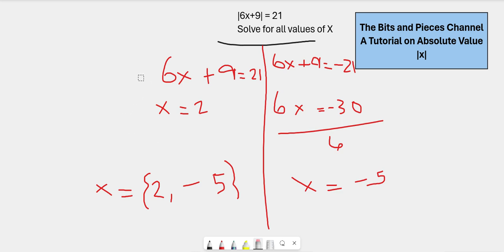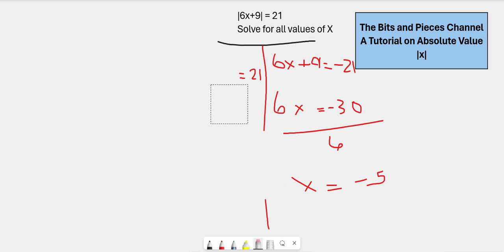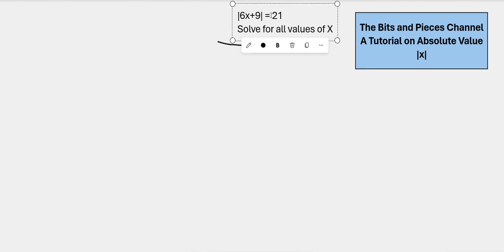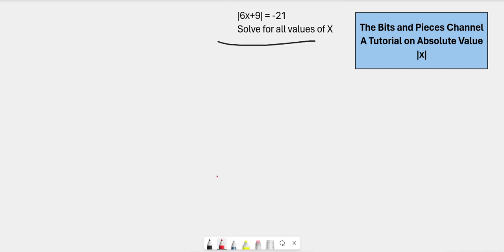So that's the easiest way you solve equations with absolute values. But now let's think about it if what was outside the absolute value was actually a negative. So is this even possible now?